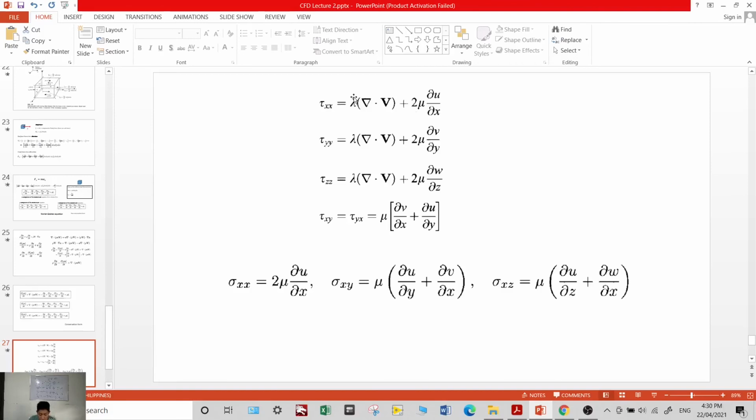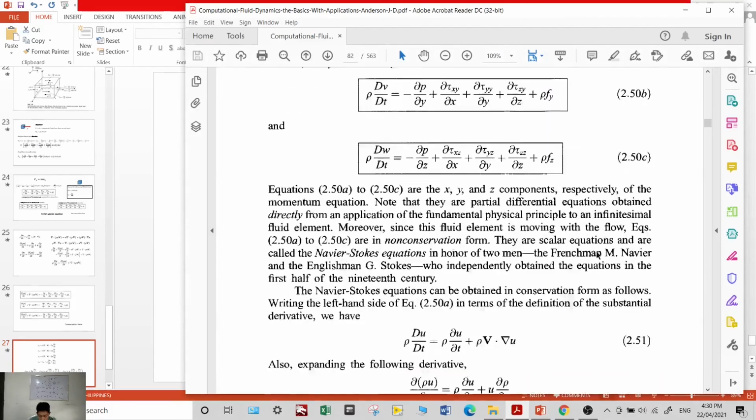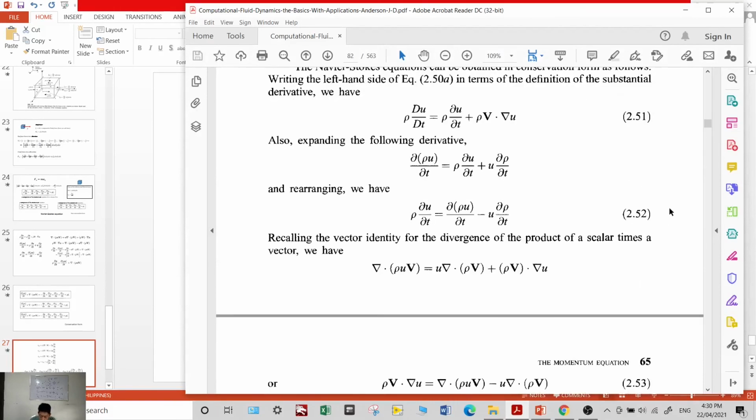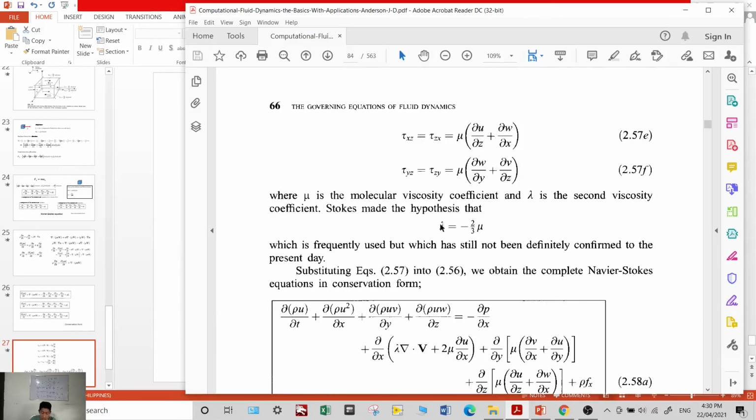It is equivalent to lambda del dot v plus 2 mu partial of u with respect to x. Take note, lambda is equal to negative 2/3 mu, or the second viscosity coefficient.